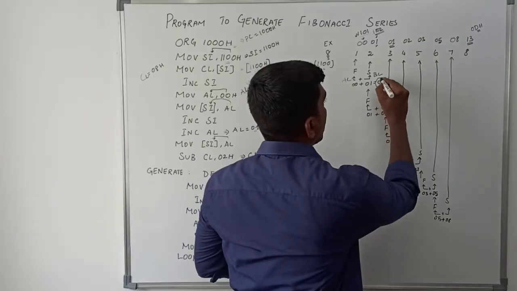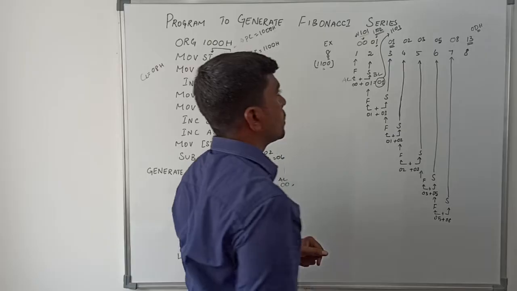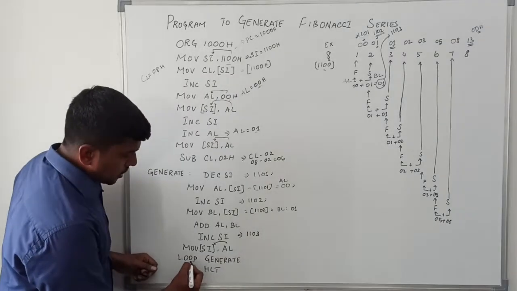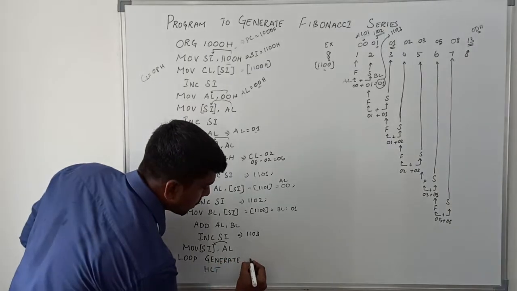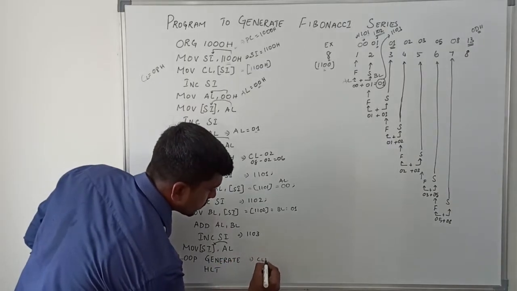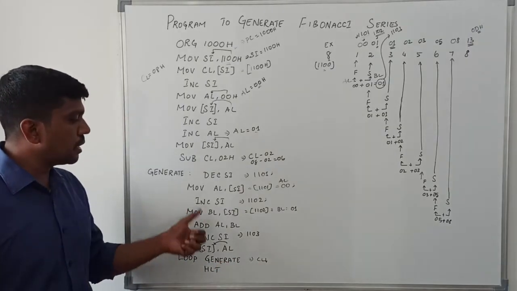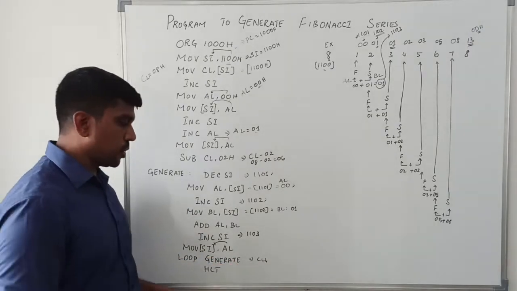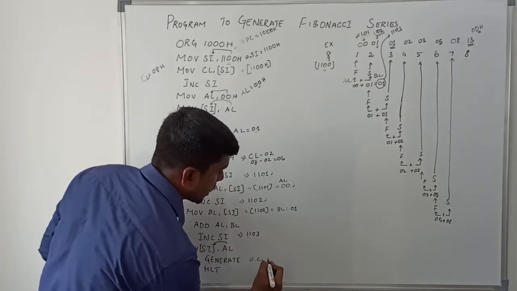So this 01 is transferred to the memory location 1103. Then the next instruction, LOOP. This instruction says decrement the CL register content, and this loop runs until the CL value equals 0. After execution of this instruction, the CL value is decremented by 1.